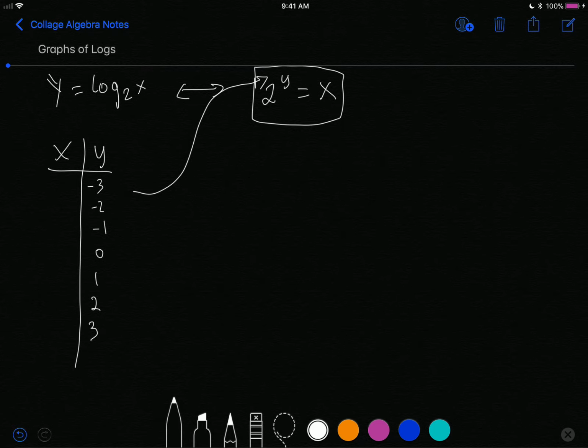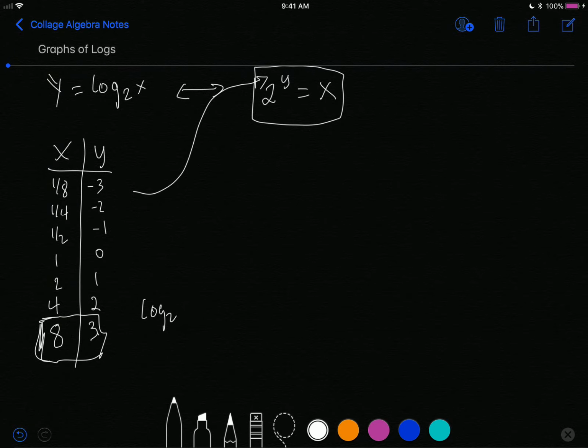So for instance, 2 to the third power is going to be 8. And then 4, then 2, then 1, then 1/2, then 1/4, then 1/8. There we go. Again, you can double check this.